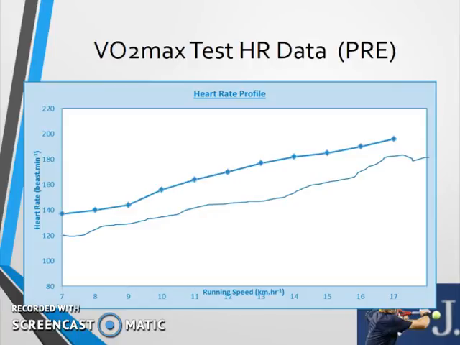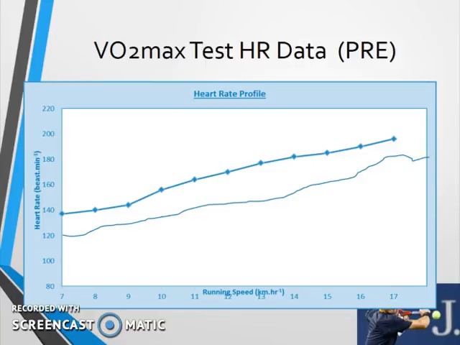So, the VO2 max test heart rate data before. As we can see, the heart rate started at 140 and started to increase higher. This is because of the anticipatory rise at the beginning, and his heart rate is very high, so his heart is already beating quite fast.